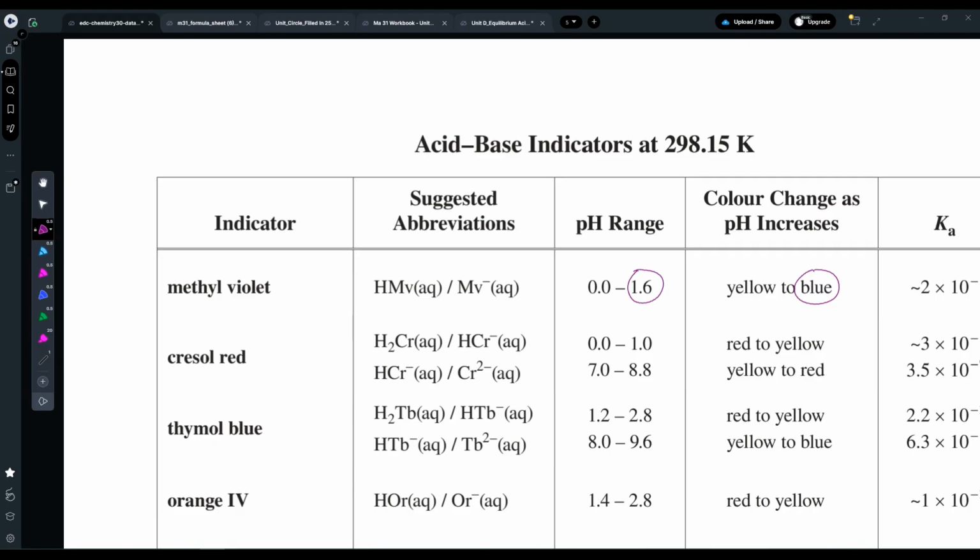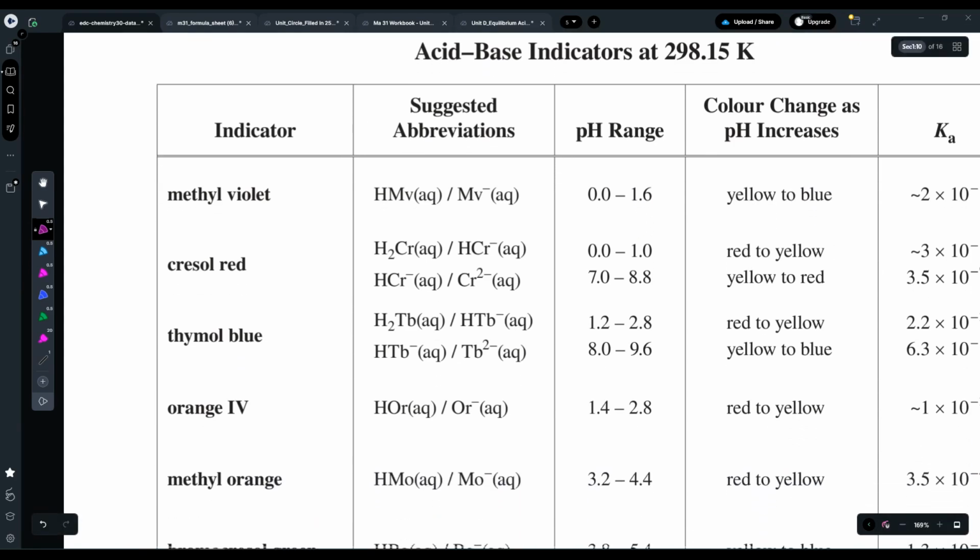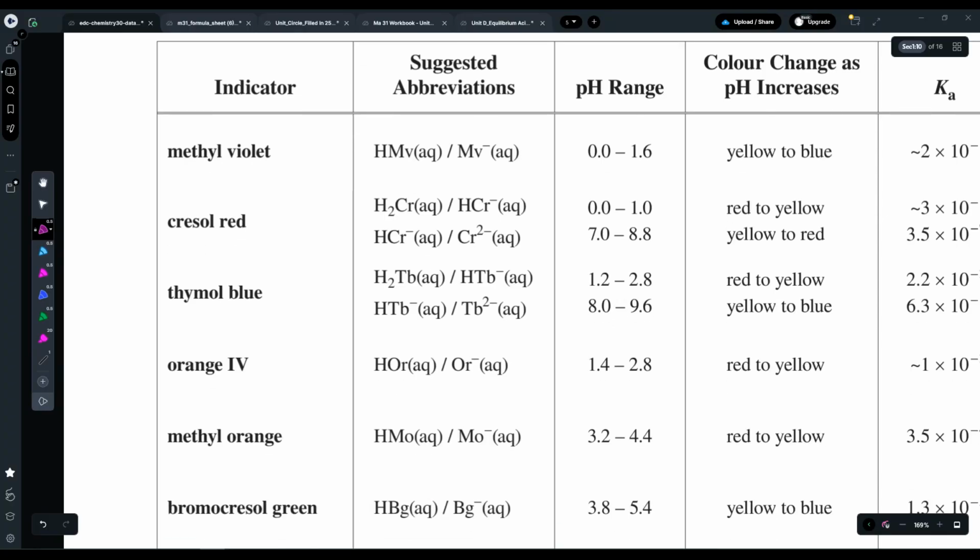So what that means, I'm going to use a different example just so that it makes a little bit more sense, just because you can't get much lower, at least in the context of Chem 30, than 0. But looking at, let's say, orange 4, what this means is at a pH of 1.4 and below, orange 4 is going to be red.